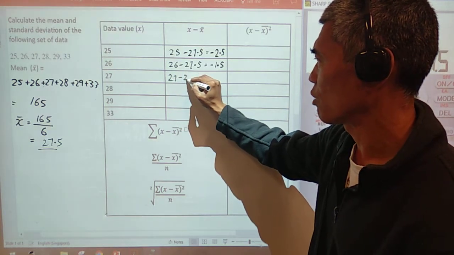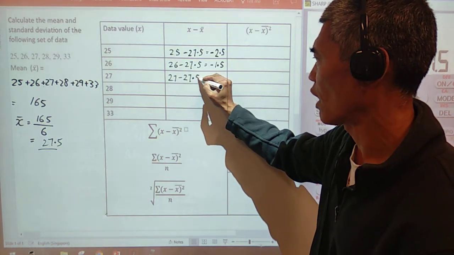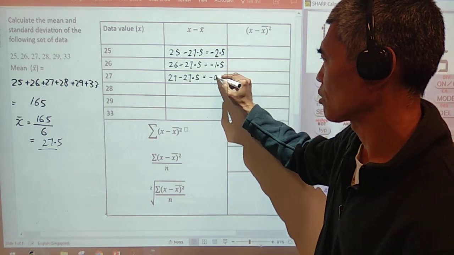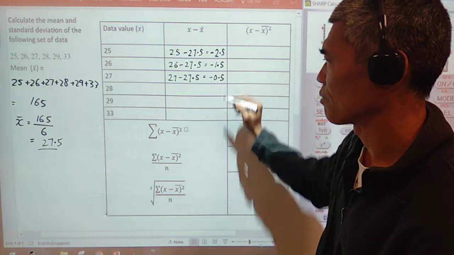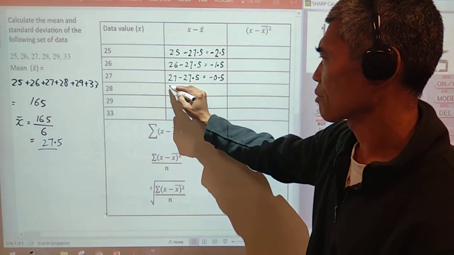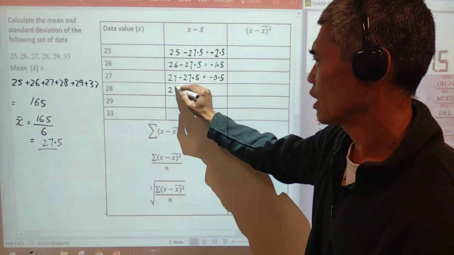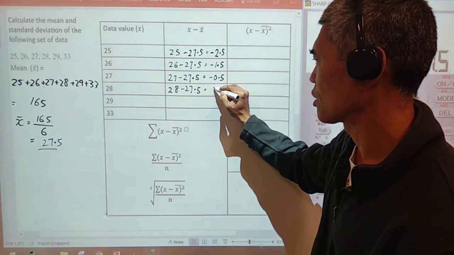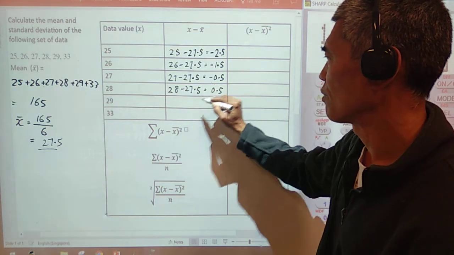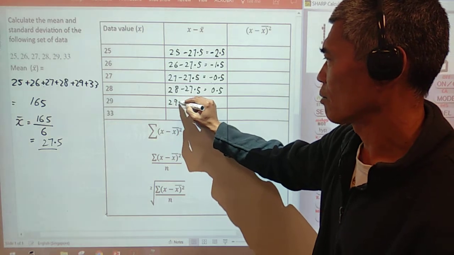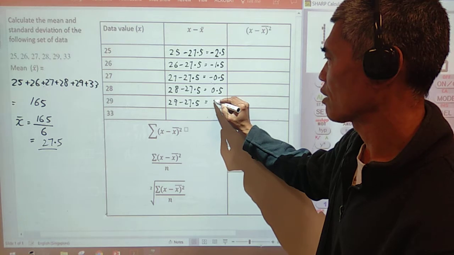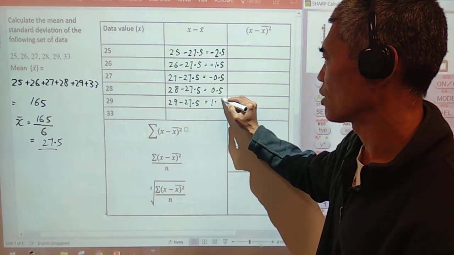27 minus 27.5 will give us minus 0.5. And we then have 28 minus 27.5. That gives us 0.5. 29 minus 27.5 gives us 1.5.